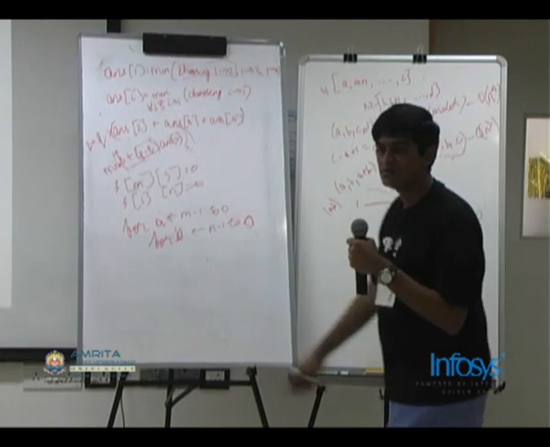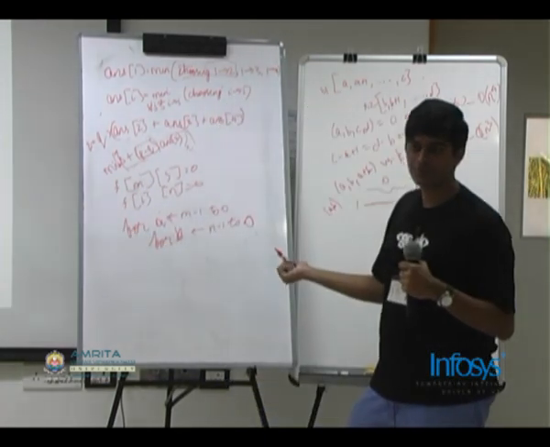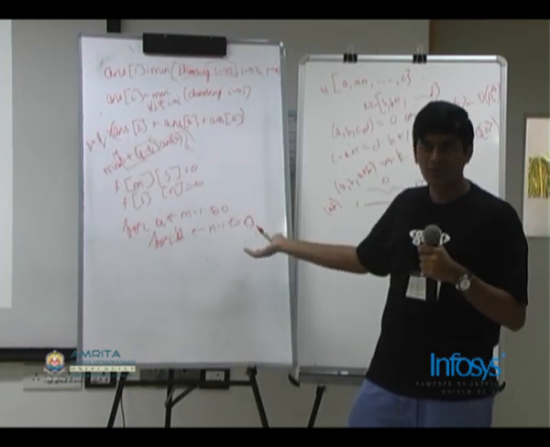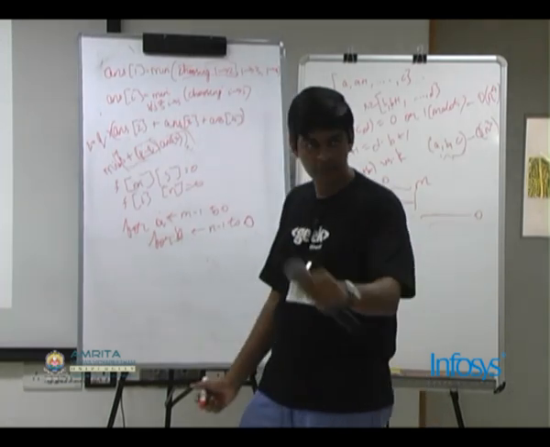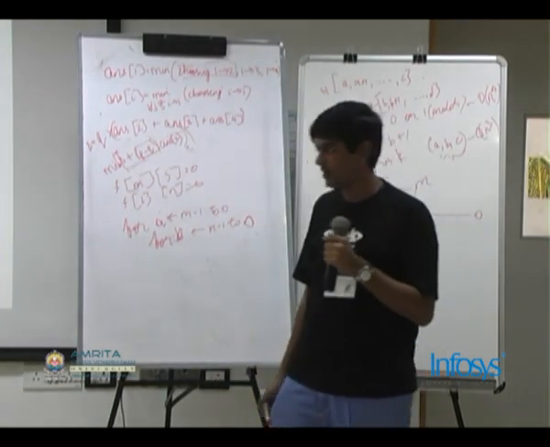F[a][b] equals s1[a] equal to s2[b] question mark 1 plus this statement here. That's all the code for this problem. So what's the complexity? Yeah, it is m into n if the sizes are m and n.